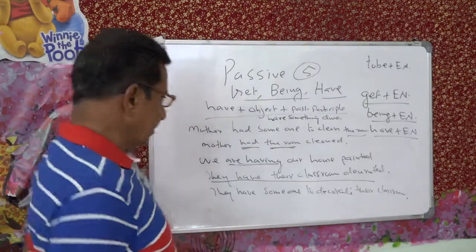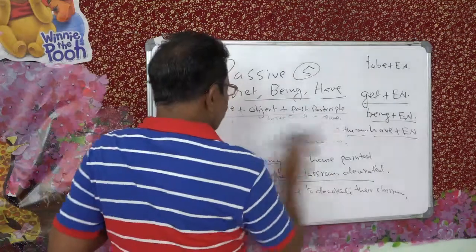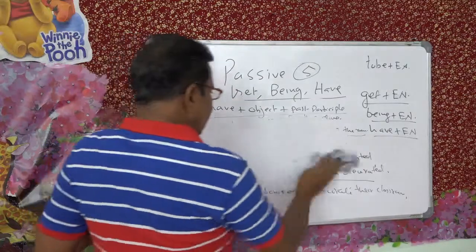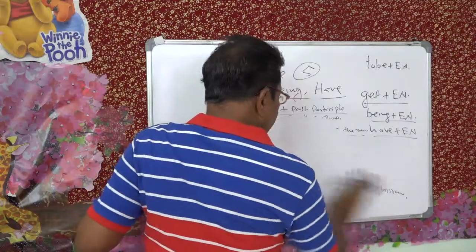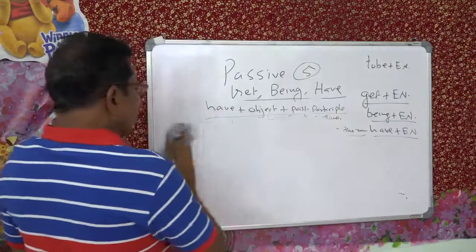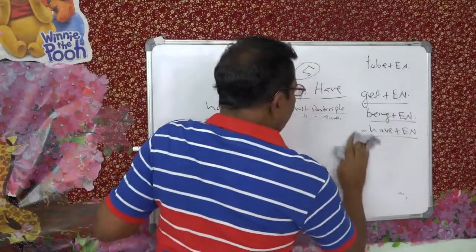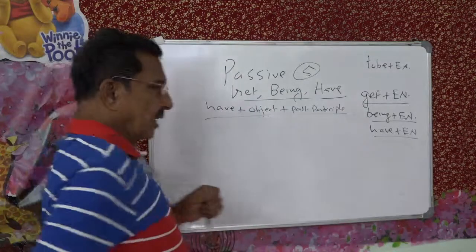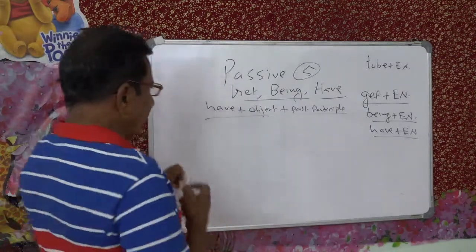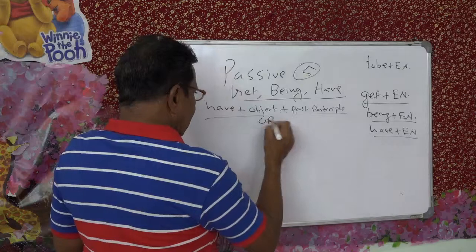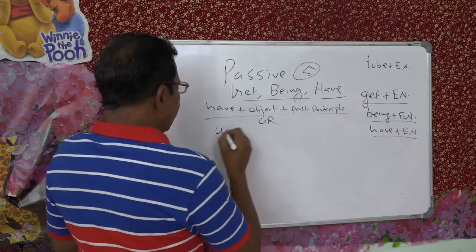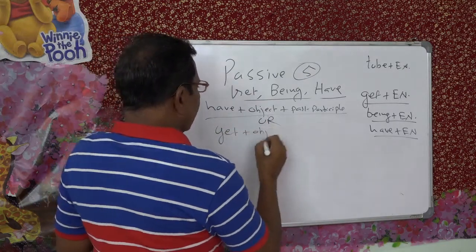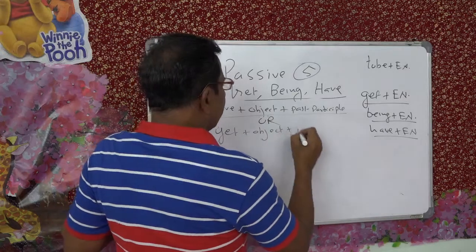Okay, let's see, once you see examples, then it will be easy for you. So the passive is have plus object plus past participle, and that is interchangeable with get plus object plus past participle.